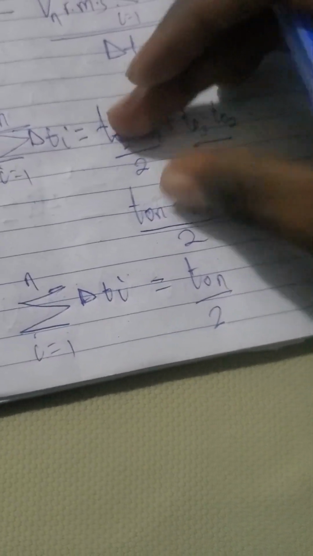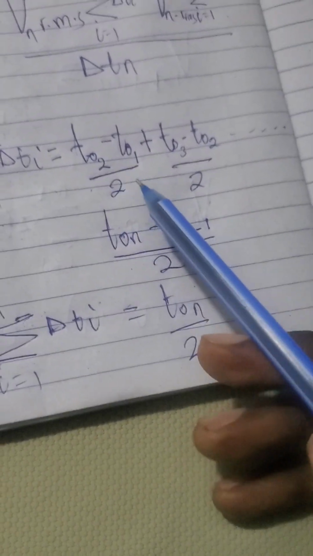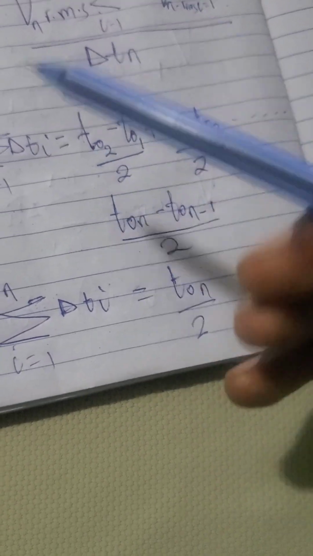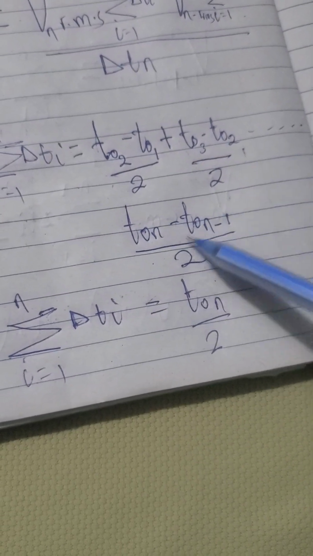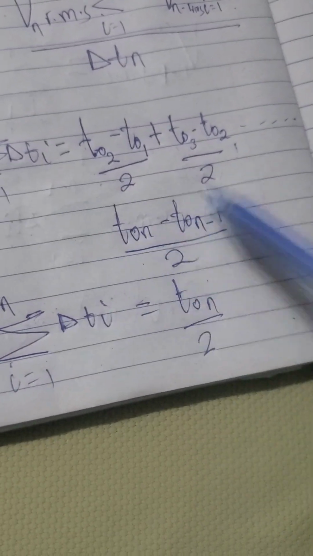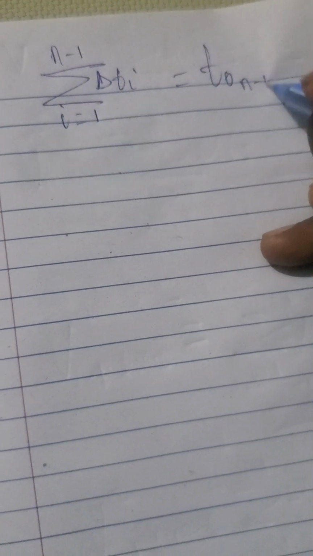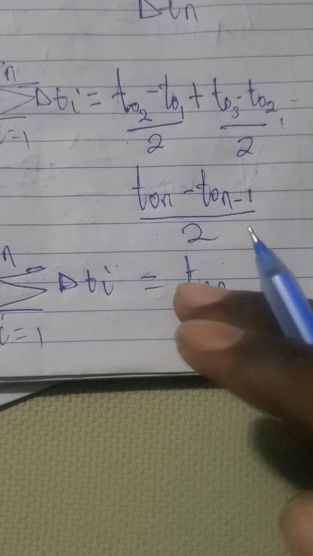If you proceed in making summations, some terms will cancel. You find this one will cancel with this one, and this one will cancel with the term behind it, and therefore you will remain with the two-way vertical travel time of that layer. But also the summation of the two-way vertical travel time for i equals 1 to n minus 1 will be the same as t naught n minus 1 over 2, in similar fashion to this one here.